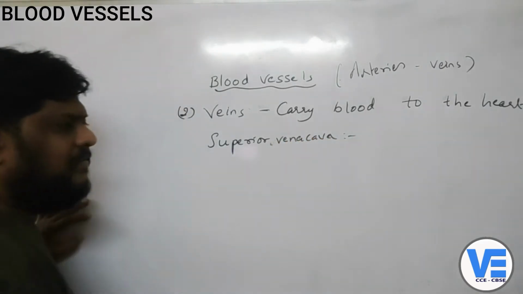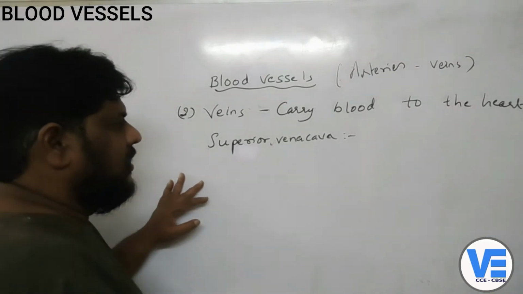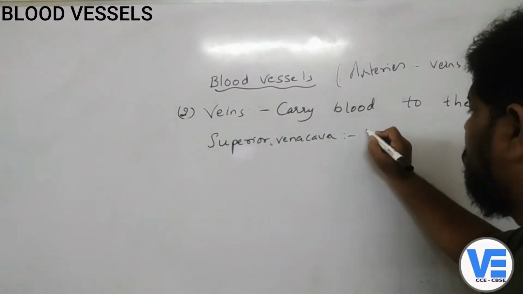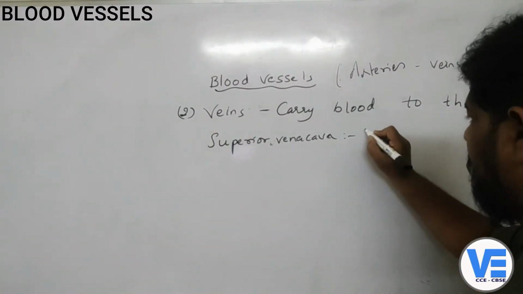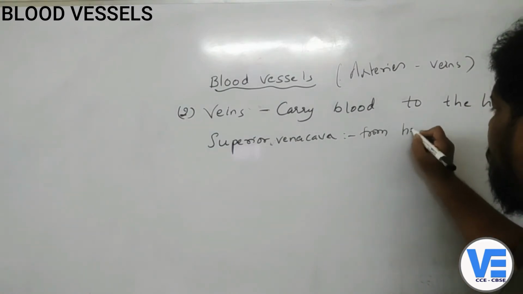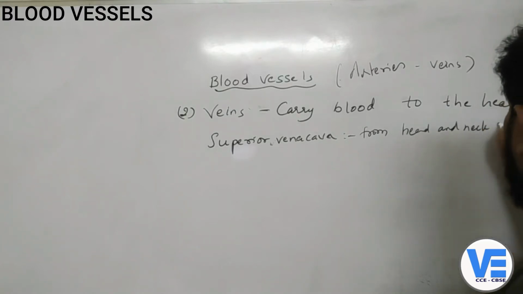Now what is the function of the superior vena cava? The superior vena cava is the blood vessel which brings the blood to the heart from the head and neck.